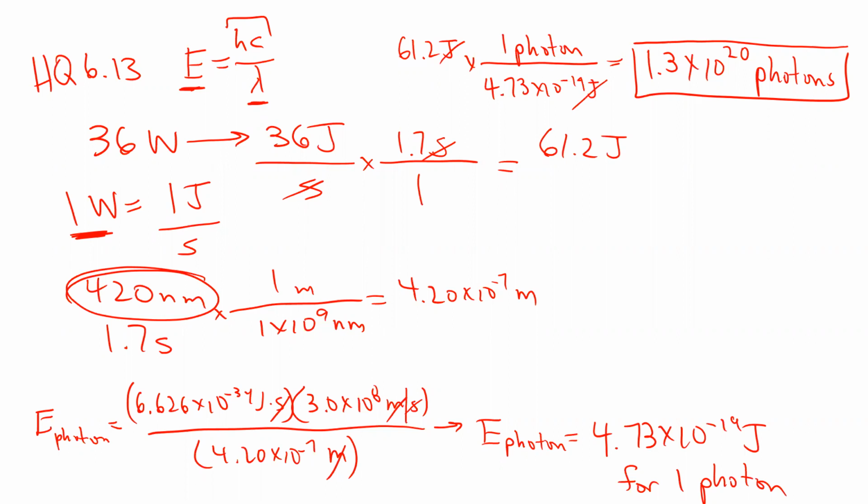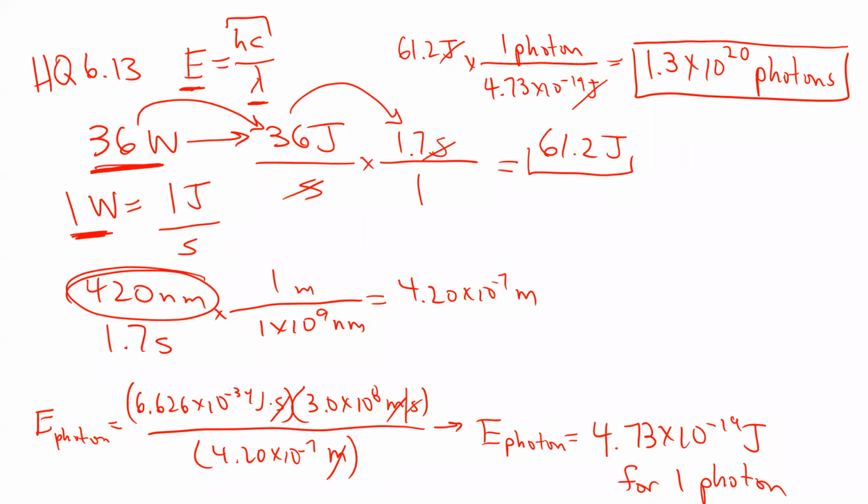But what makes this problem a little bit challenging is they give us the watts. Watts are joules per second, so I can turn watts into exactly that. Then we know I run the lamp for 1.7 seconds. That gives us a total energy output of 61.2 joules.